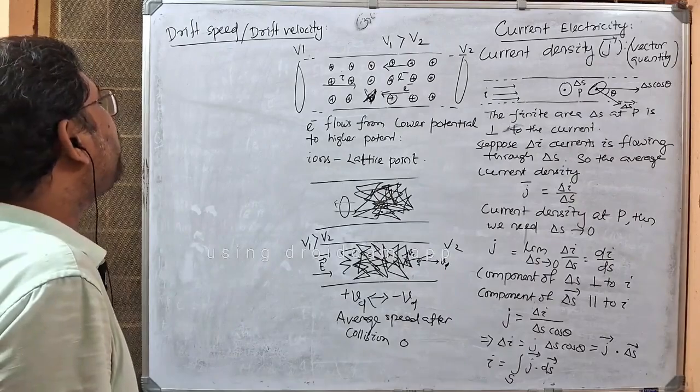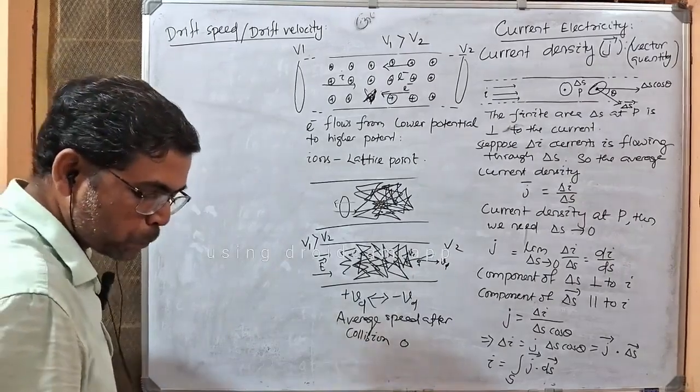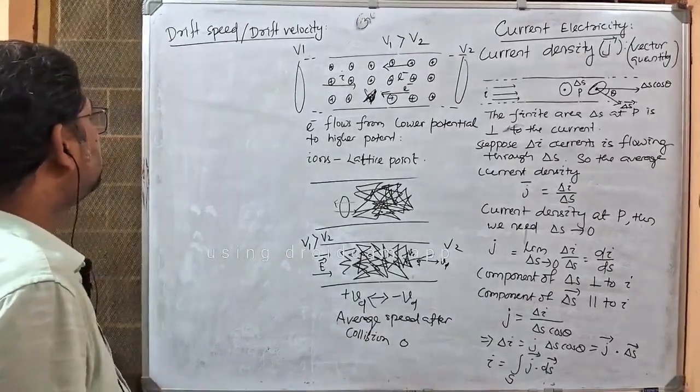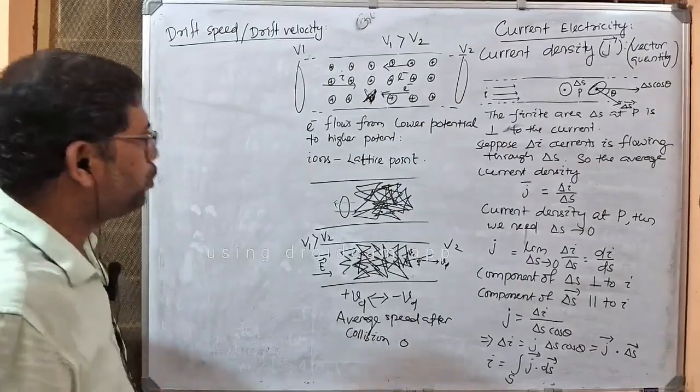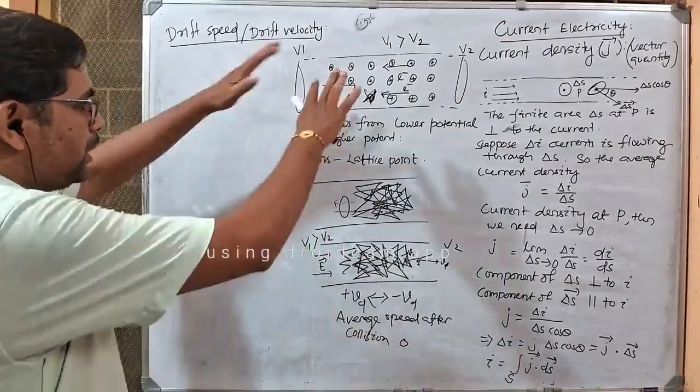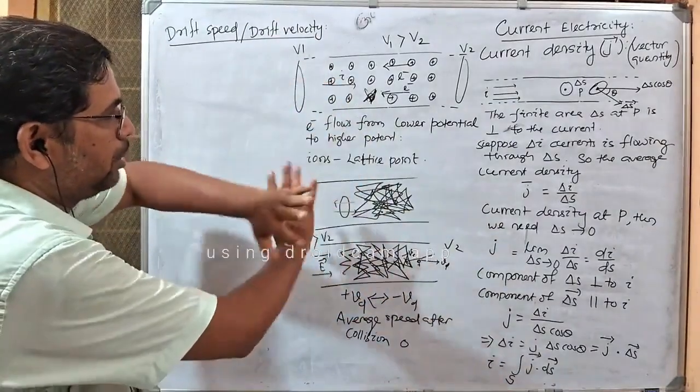So how can we define this drift speed? Suppose you understand this phenomenon, what is happening inside the material.